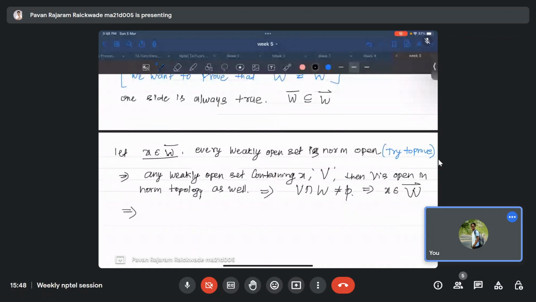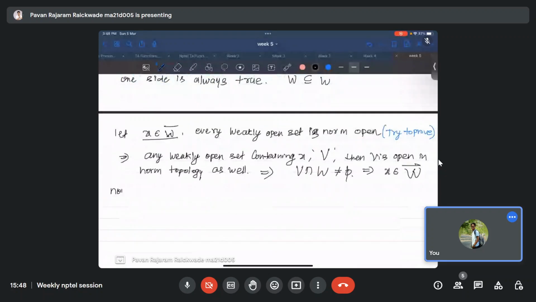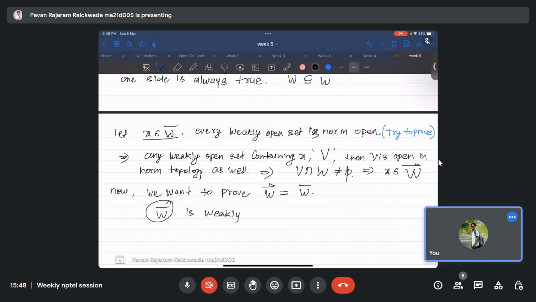This follows from the previous lemma I said. The norm closure of W is closed. It's weakly closed as well from the previous lemma, so it is a weakly closed set containing W. Correct?